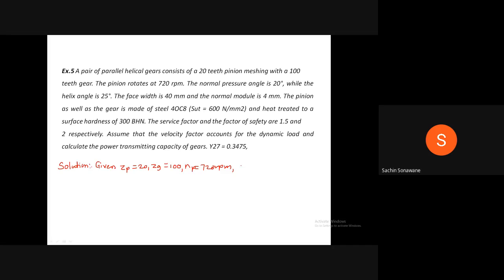Normal pressure angle alpha n is equal to 20 degree. Helix angle psi is equal to 25 degree. Face width B is equal to 40 mm. Normal module Mn is equal to 4 mm.